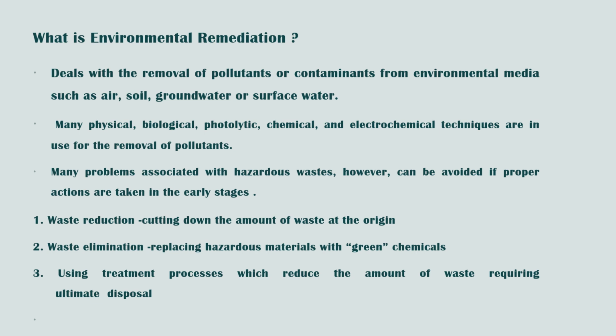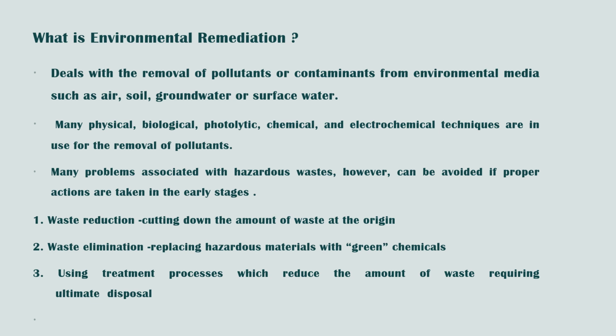The problems associated with hazardous wastes can be avoided if proper actions are taken in the early stages. We have three conditions for the early removal of these pollutants from the environment. First of all, we can do waste reduction, that is cutting down the amount of waste at the origin itself.